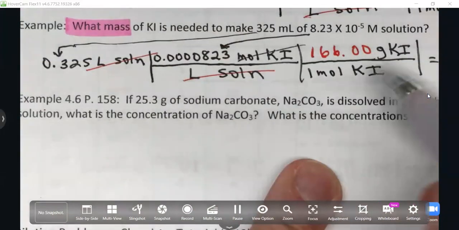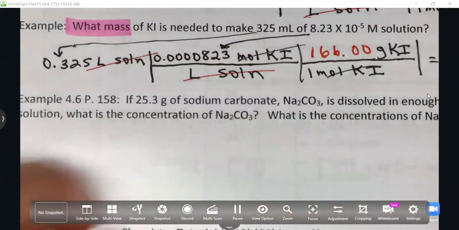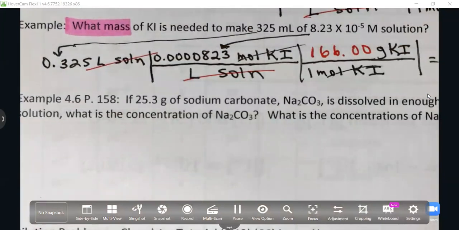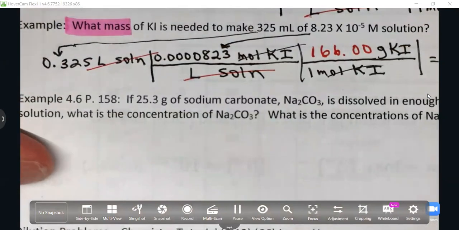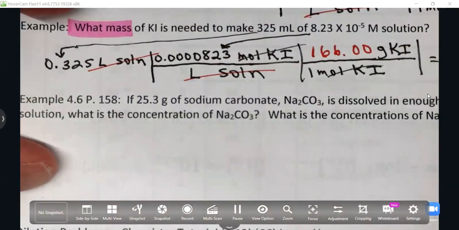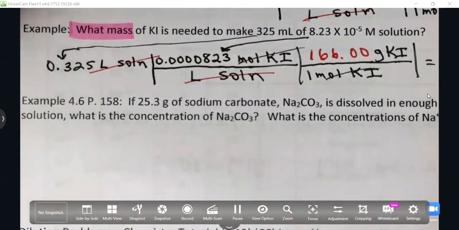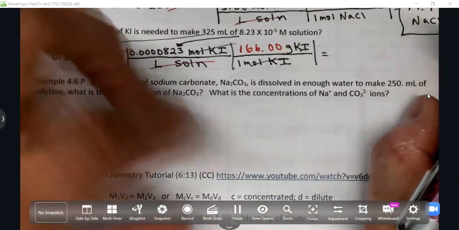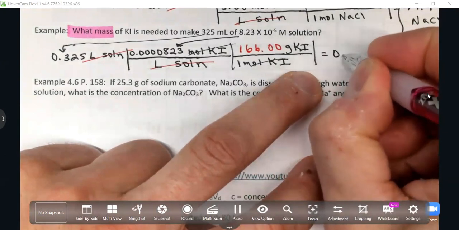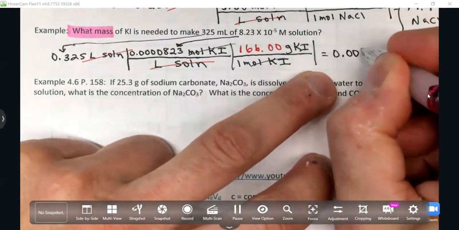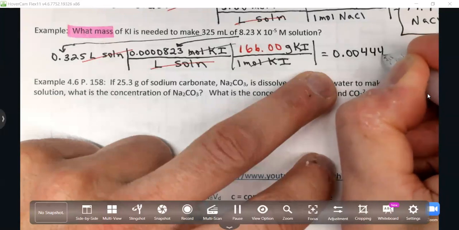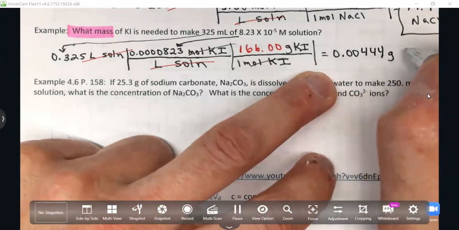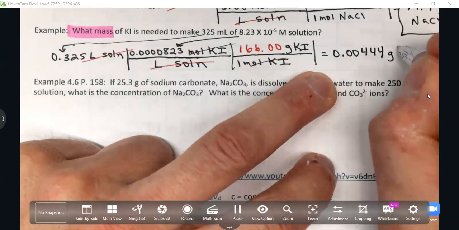Our moles cancel out. And if we run that through, we get a very small number. 0.00444. So we get 0.00444 grams of KI.